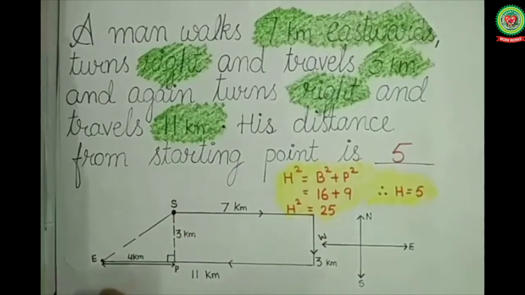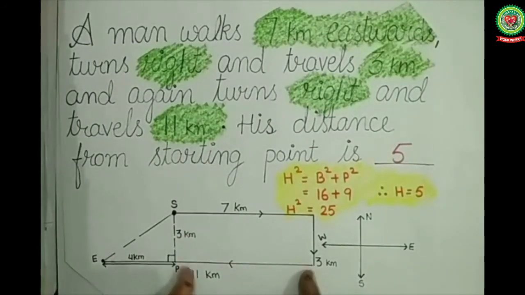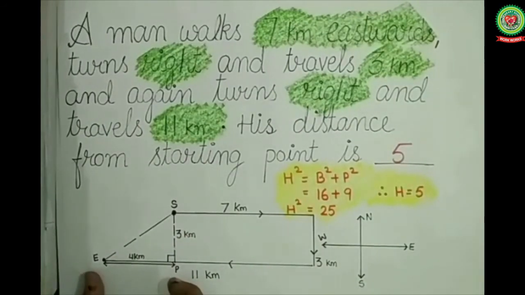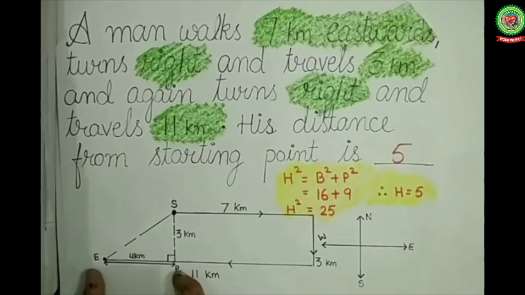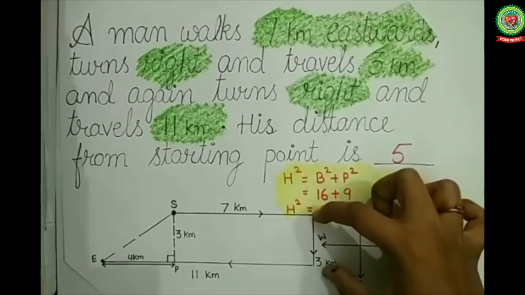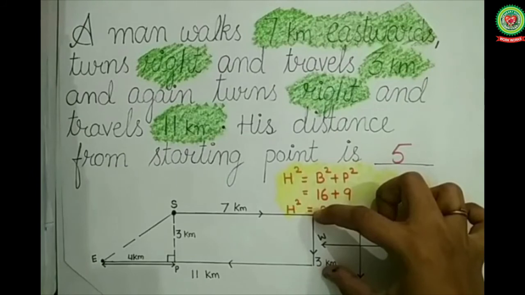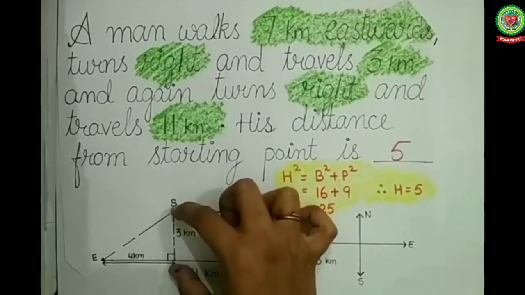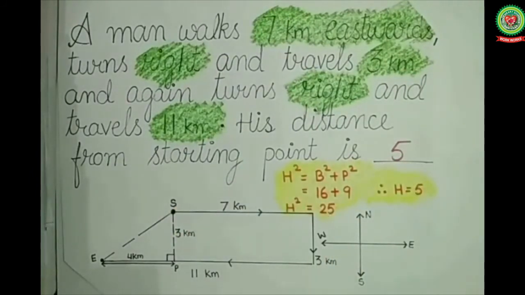So 11 minus 7 is 4. That is, the distance between point P and point E is 4 kilometers. Also, we know that this distance is 3 kilometers. So this distance is also 3 kilometers. Now students, you have to find the distance between E and S.